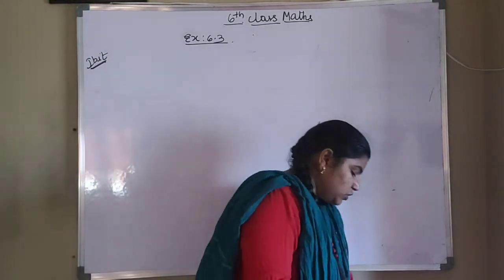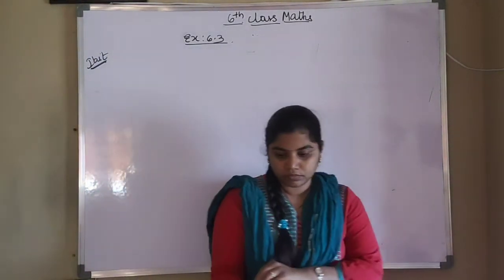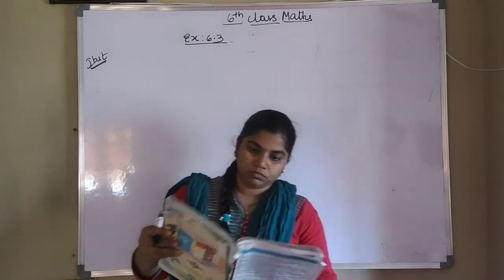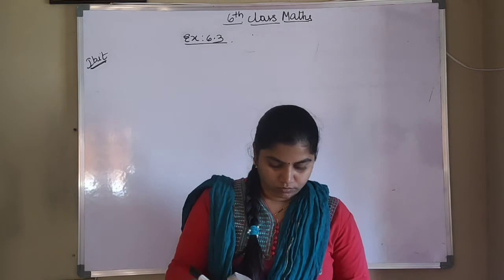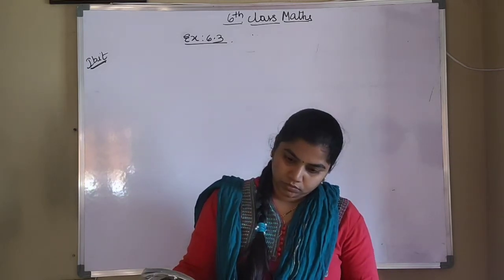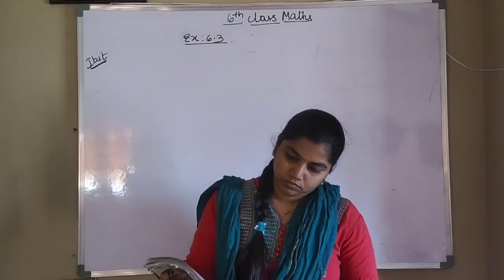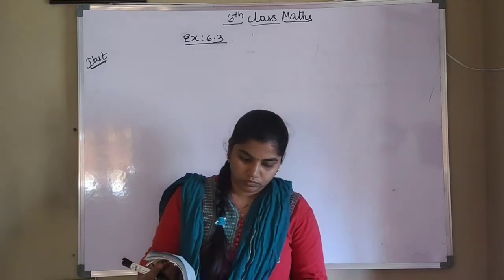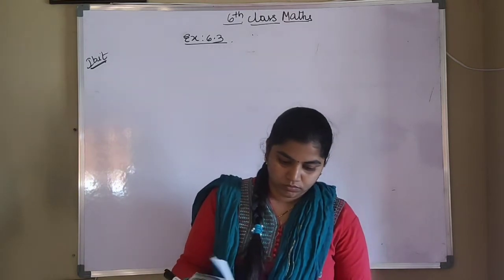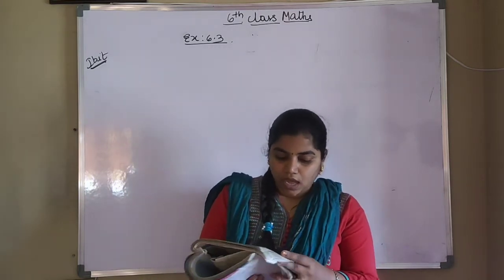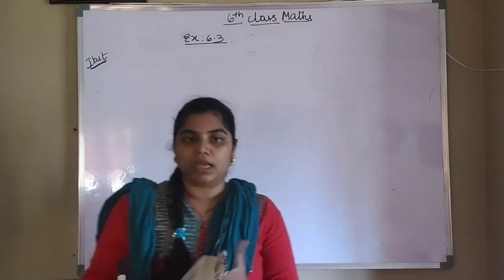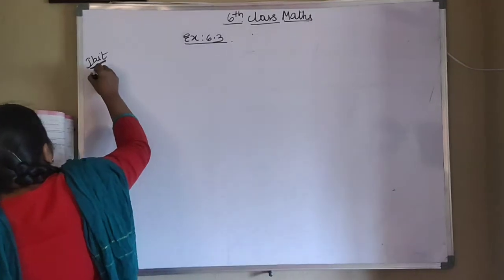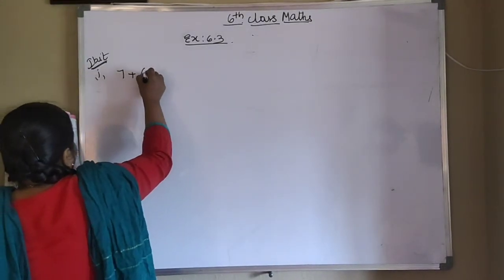Okay, so first one: add the following integers using number line. By using number line, we have to add the integers here. So first bit in this, first one, 7 plus -6.